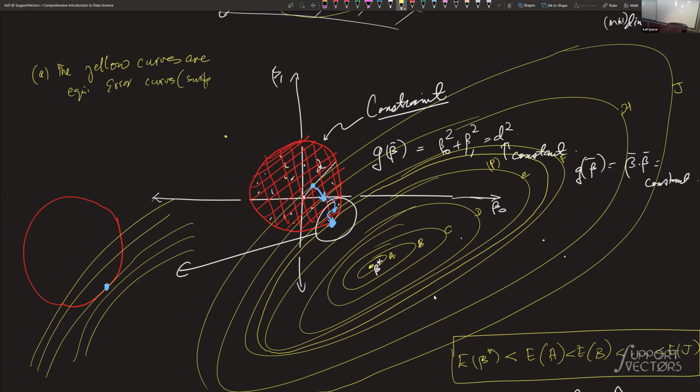Curves, surfaces, more generally. The red line, red curve, red circle is the constrained surface.